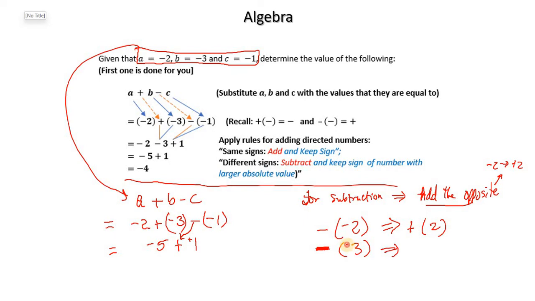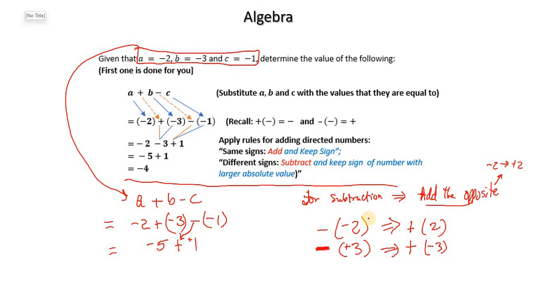Subtracting +3 is the same as adding. And what's the opposite of +3? Negative. So it's the opposite of what you did at the top there with the -2. So subtracting +3 is adding -3. Got it? So we're adding the opposite.